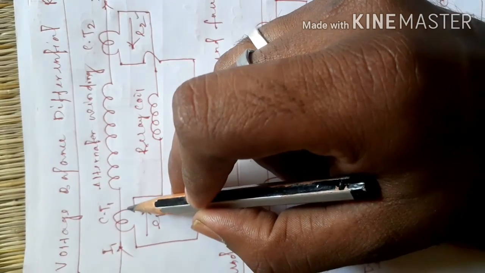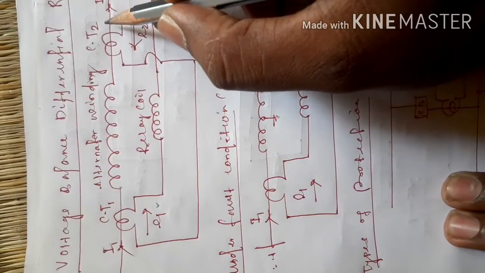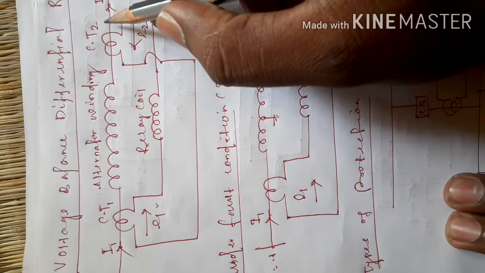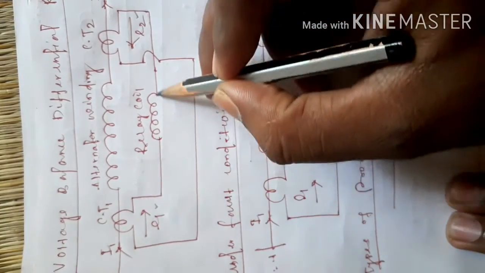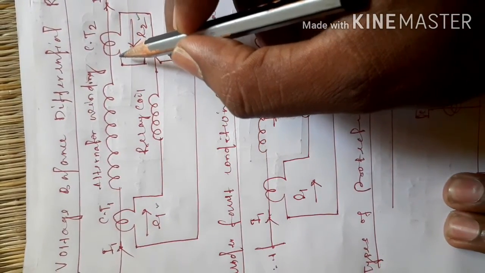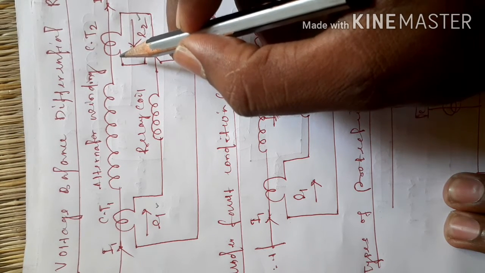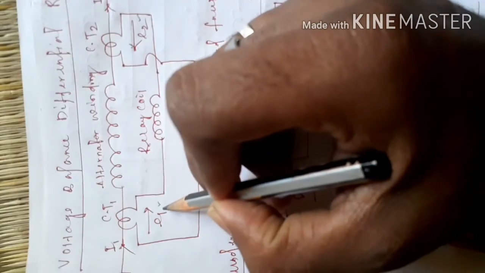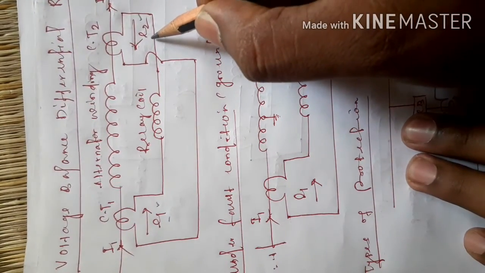Here, two CTs, that is CT1 and CT2, having equal rating are used on the two sides of the alternator winding and connected in series with a relay coil in such a way that the induced EMFs in the two CTs are opposite in polarity. Suppose the EMF induced in CT1 is E1 and the EMF induced in CT2 is E2.